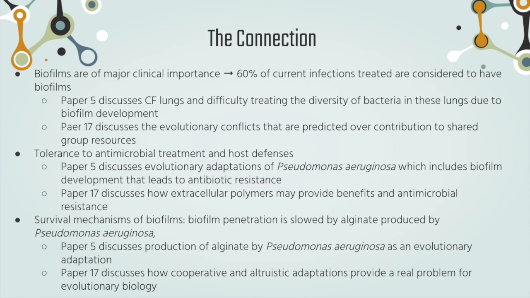Finally, survival mechanisms of biofilms, which is biofilm penetration, is slowed down by alginate production by the bacteria Pseudomonas aeruginosa. In paper 5, we talked about production of alginate by this bacteria as an evolutionary adaptation. Paper 17 discusses how cooperative and altruistic adaptations provide a real problem for evolutionary biology.